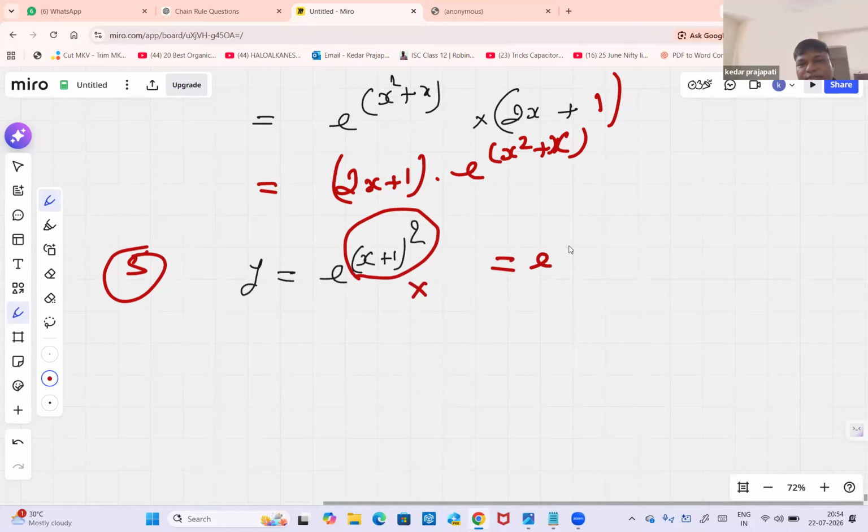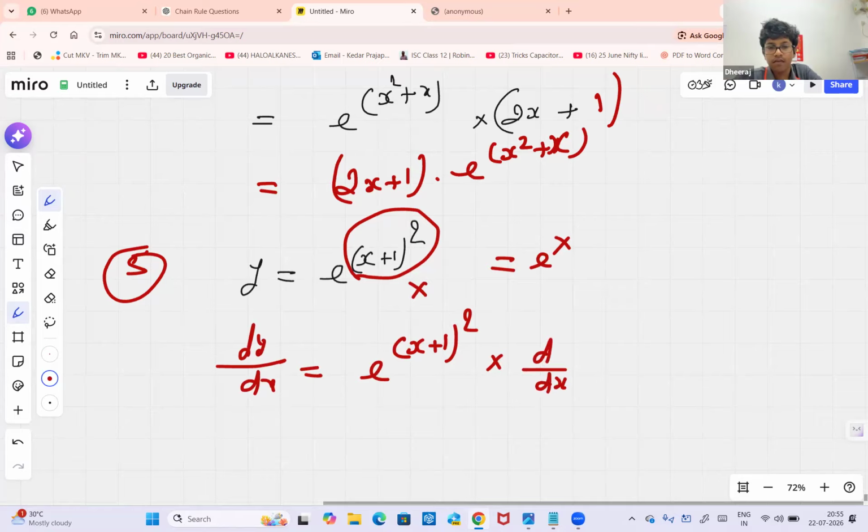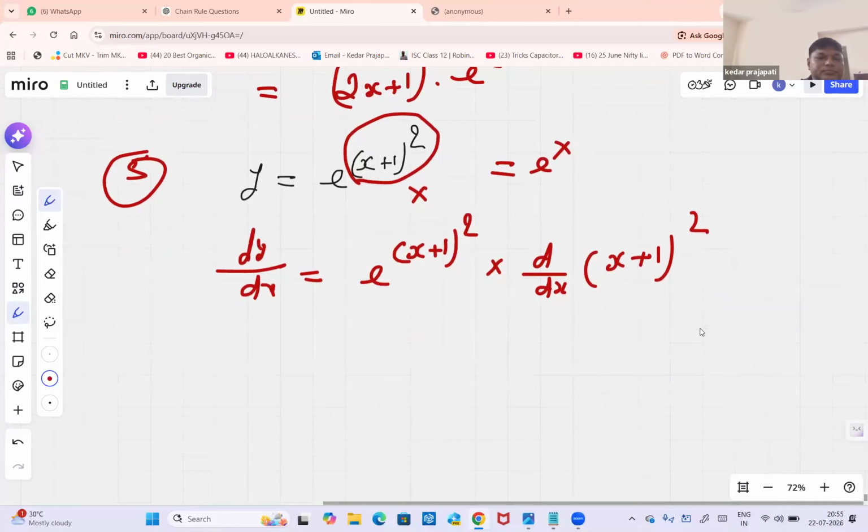So it will become e power x. So dy by dx will be how much? It will be e to the power x plus 1 whole square, into d by dx of x plus 1 whole square. Now think slowly. No need of solving this, this is already done. Now d by dx of x plus 1 whole square is in the form of x to the power n.